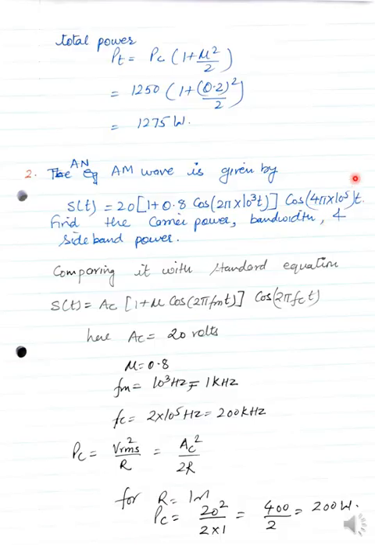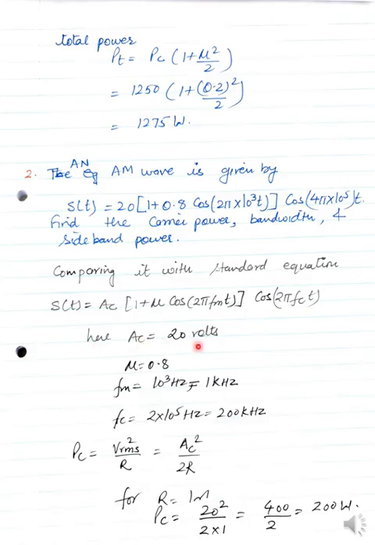Clearly you can see that this will be your carrier, cos 4 pi into 10 raised to the power 5 t. This will be your modulation index. And this will be your Ac if you compare it with the standard equation, and this is your modulating signal. So it's given in this form also.